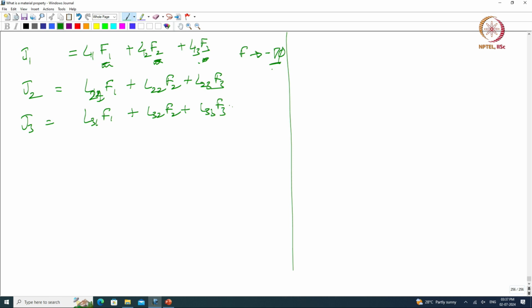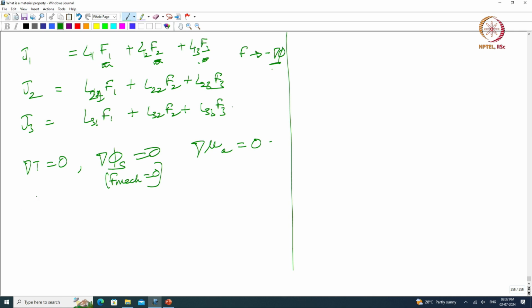Now, imagine that delta T equals 0, I do not have any gradient of temperature, I do not have any gradient of stress, which means mechanical forces are 0, and I do not have any gradient of chemical potentials of any species or ions. All I have is electrical potentials.